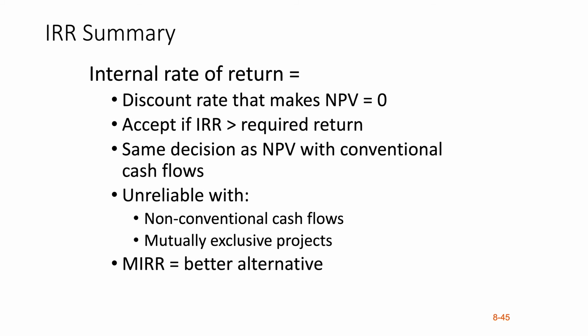So you accept it if the internal rate of return is higher than the required rate of return. However, there are certain problems with internal rate of return for some cash flow patterns, if non-conventional or mutually exclusive projects. Sometimes you cannot make those comparisons.